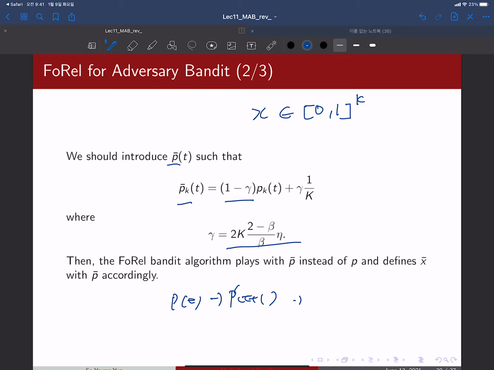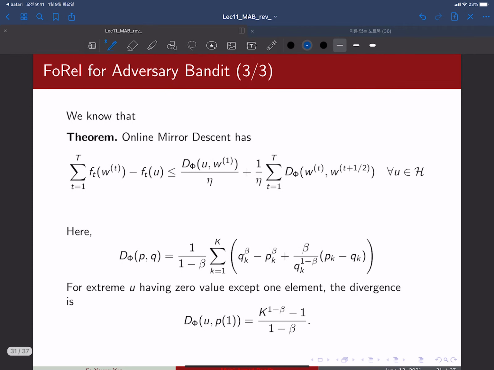Everything is the same. The only different thing is, although we have the pt value, we play with p bar t. We just simulate our algorithm's performance using p bar, not the original pt value.